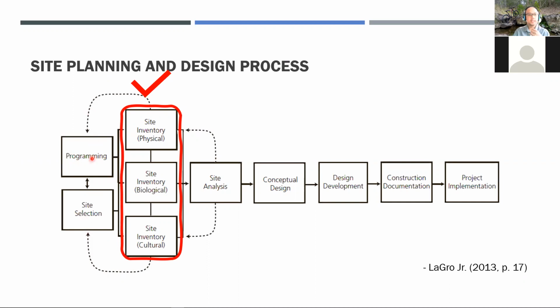But this bit has been taken care of. We'll focus over the course of the next couple of weeks on building an inventory of the physical aspects of the site, some biological aspects, and some cultural aspects, so the tangibles and the intangibles, before we move on to site analysis and so on.